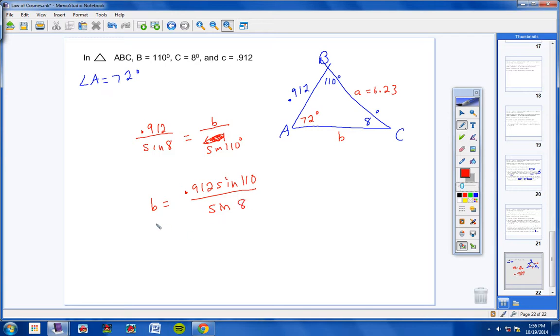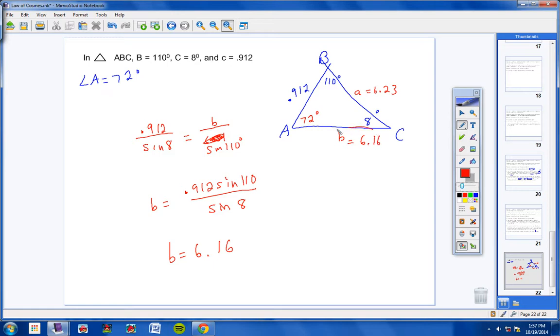Let's type that in quickly. 0.912 sine of 110 equals, divided by sine of 8 equals, I'm getting this for B. I hope I'm typing it in correctly. 0.615779676, so 0.616 would work.